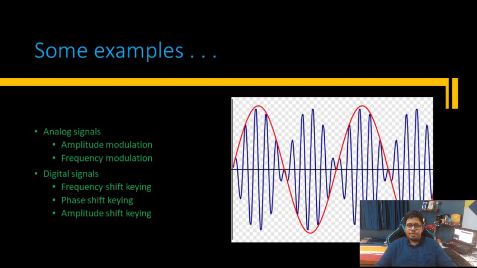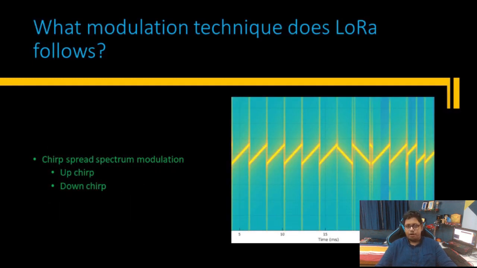So what does LoRa use for modulation? Well, LoRa is actually based on something known as CSS, or chirp spread spectrum, not the CSS we use in HTML. It's a different CSS in communication. CSS stands for chirp spread spectrum. So what is this? In CSS you have up chirps and down chirps.